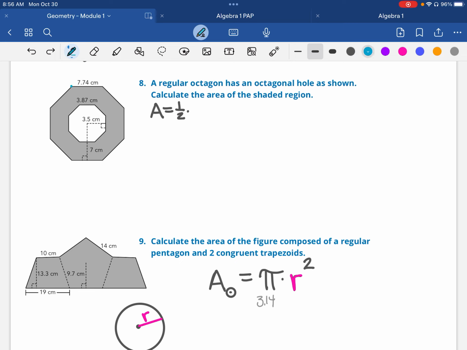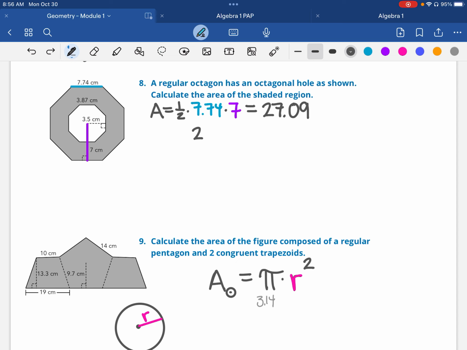Now in this case, I'm going to try to not write the formula down. My base would be 7.74 and my height would be, let's see, the 7 right here. I'm going to go ahead and put that into the calculator, giving me an answer of 27.09.